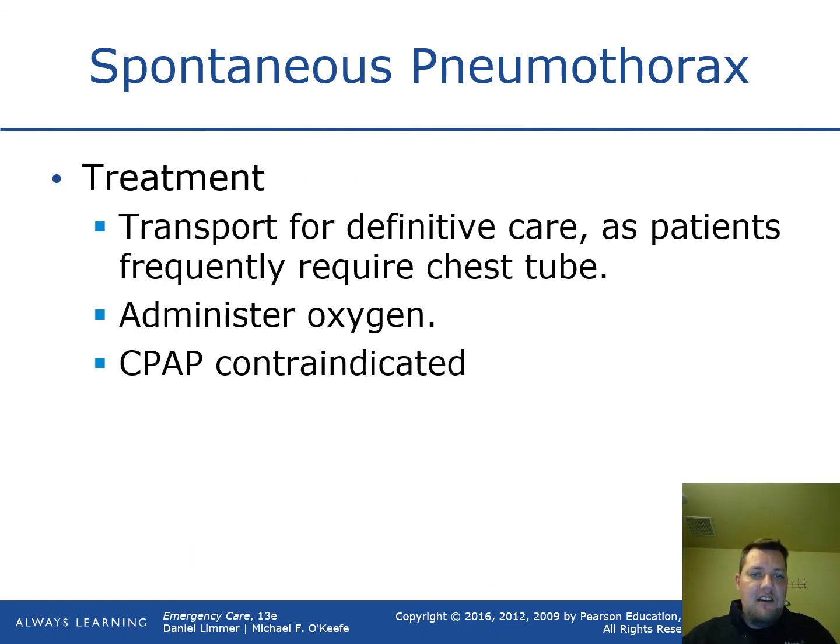So treatment: transport to a definitive care facility. These patients require some type of chest tube. Administer oxygen, and CPAP is contraindicated because we don't want to force air in since they've already got air inside the lung cavity. If we're just forcing that air into the chest cavity, it's just not going to work.